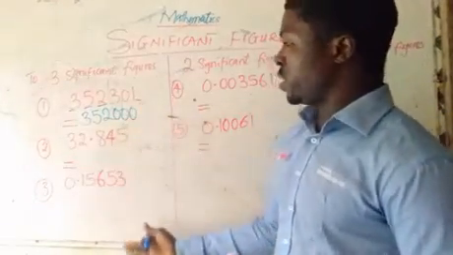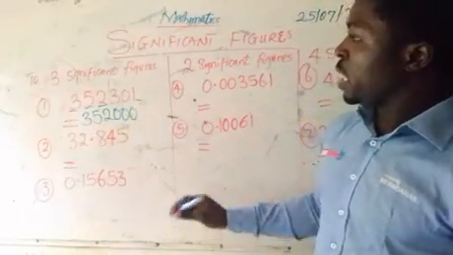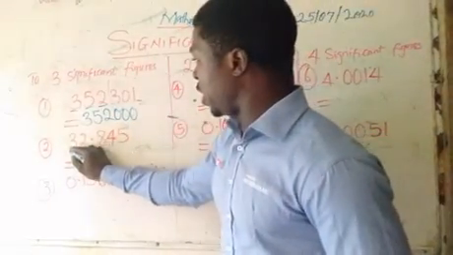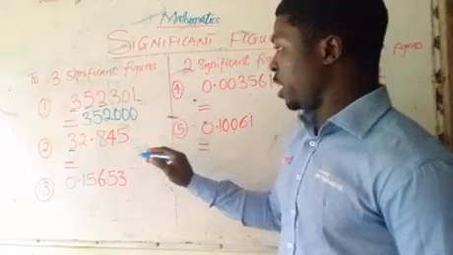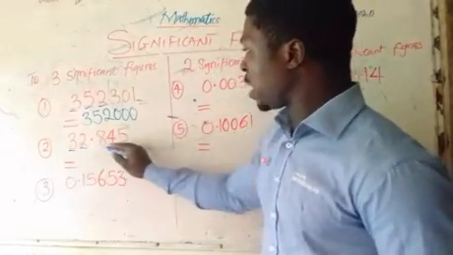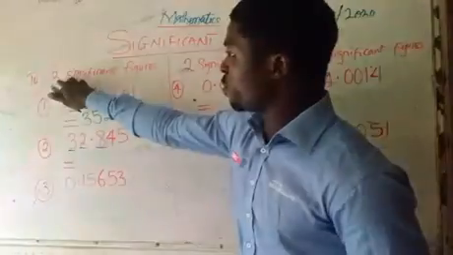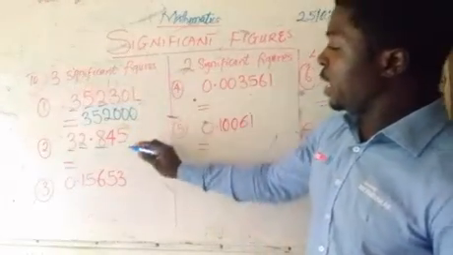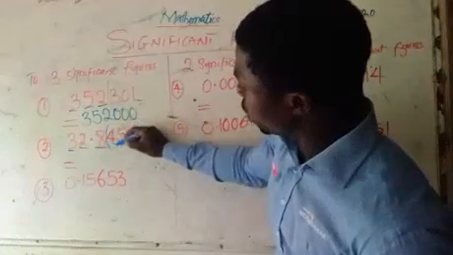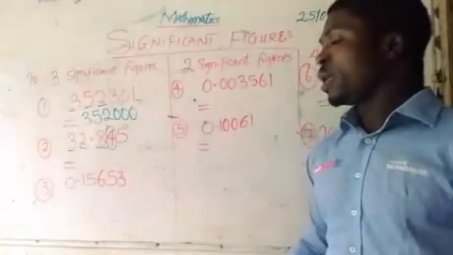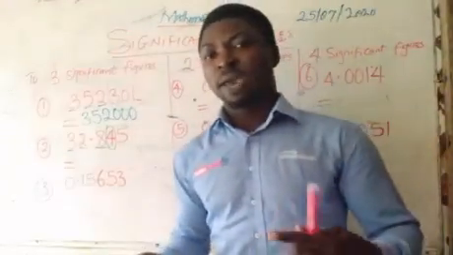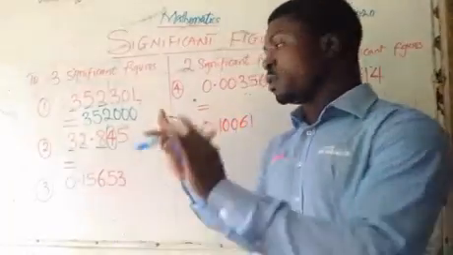Let's move to the second question then. The first significant figure here is 3. The second, 2. And the third is 8. Since we are required to approximate it to 3 significant figures, the next digit is what we are going to look at now, which is 4. Since 4 is not up to 5, we round it down to 0.